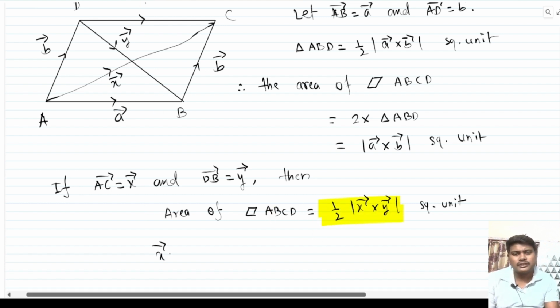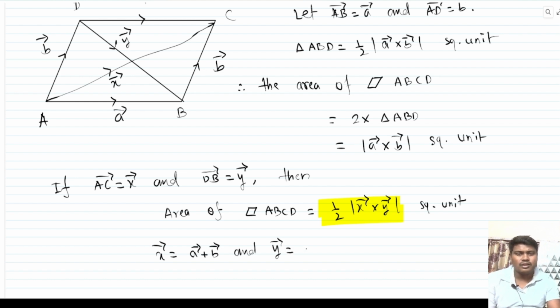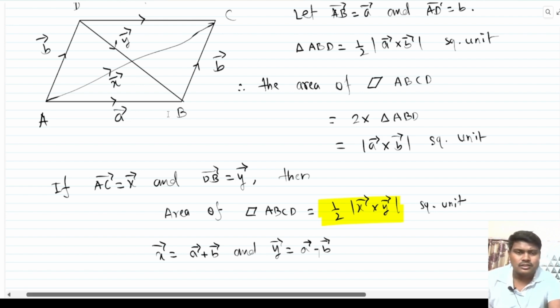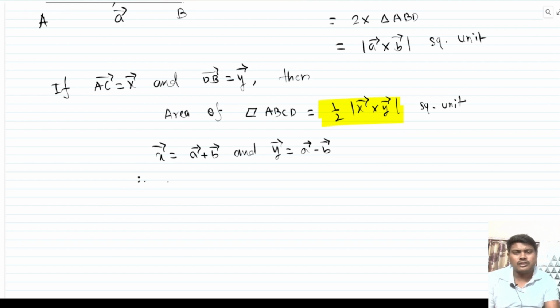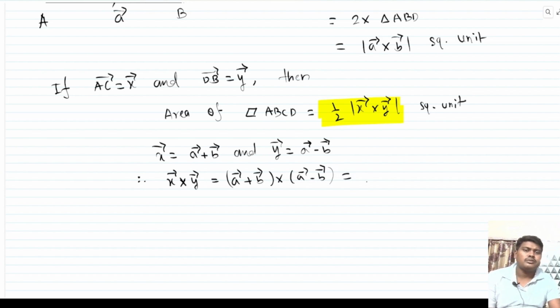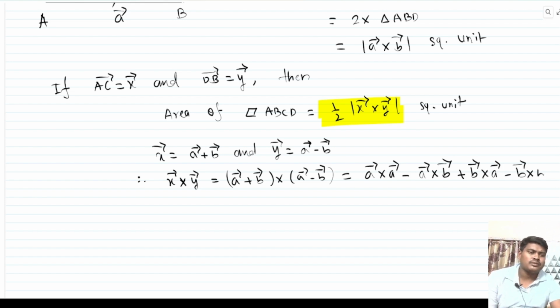As we know, x vector is equal to a vector plus b vector and y vector is equal to a vector minus b vector. Therefore, x cross y equals a plus b cross a minus b, which is equal to a cross a minus a cross b plus b cross a minus b cross b.